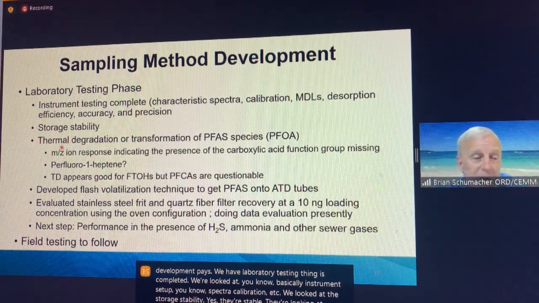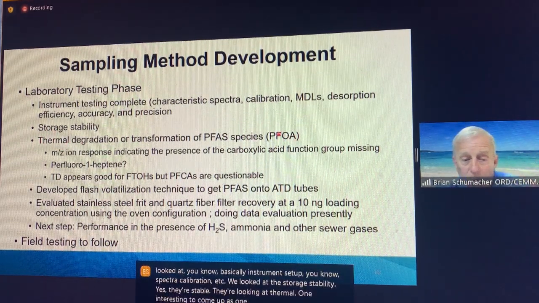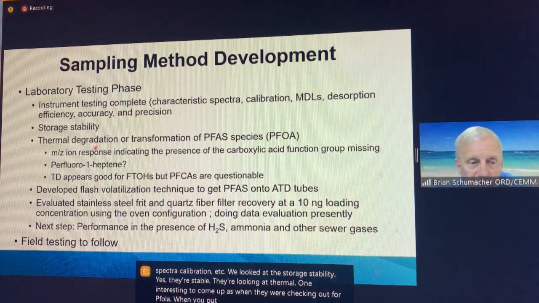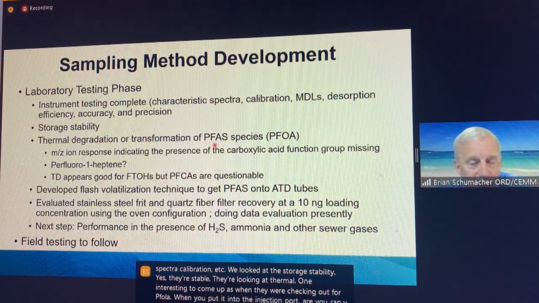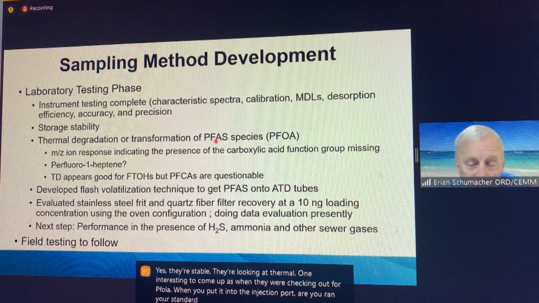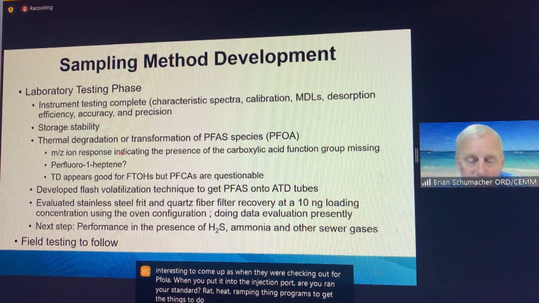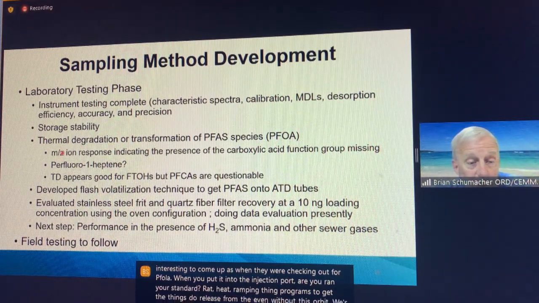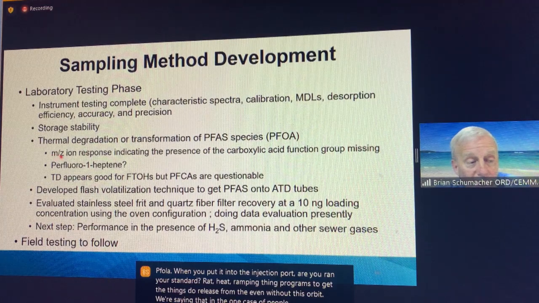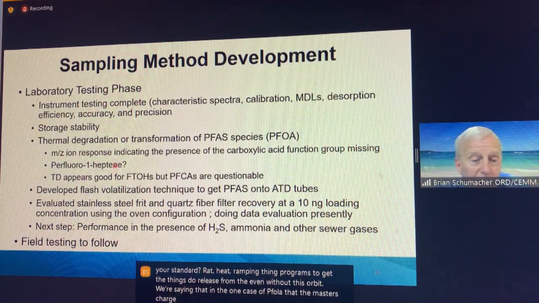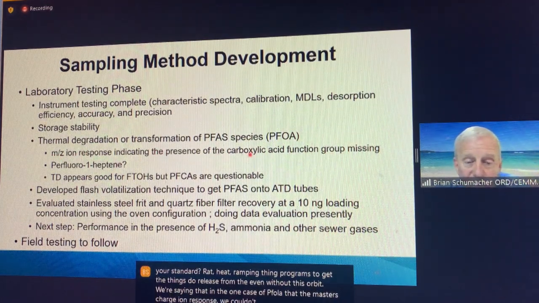One interesting thing that came up is when they were checking out PFOA, when you put it into the injection port or ran your standard heat ramping programs to get things to release from the sorbent, even without the sorbent, we saw in one case of PFOA that the mass discharge ion response did not show the carboxylic acid functional group.